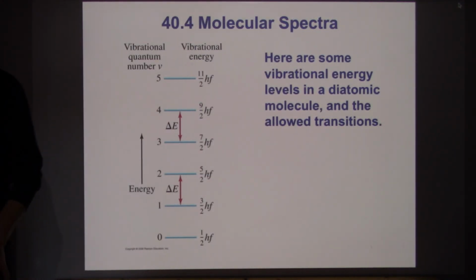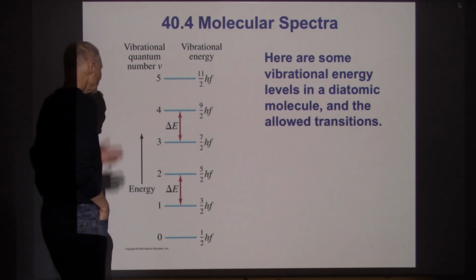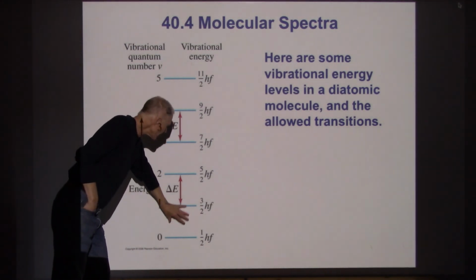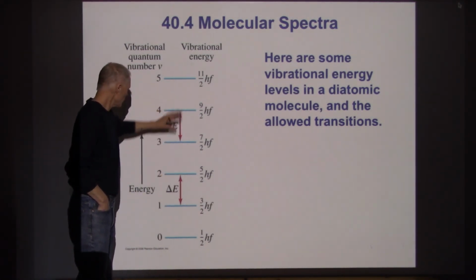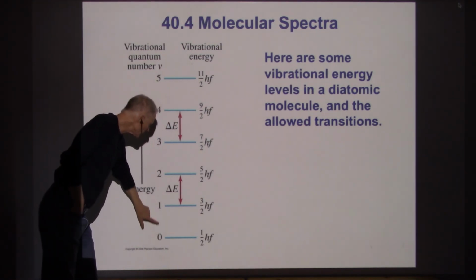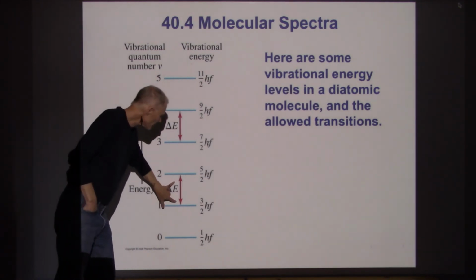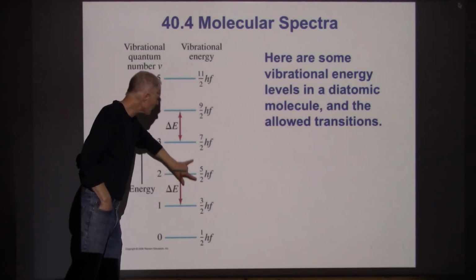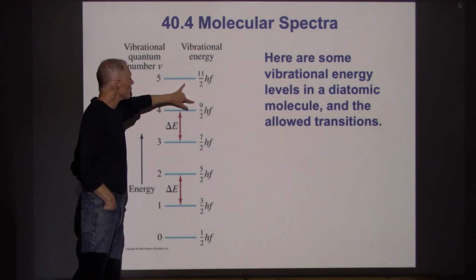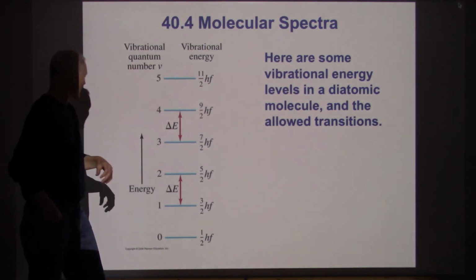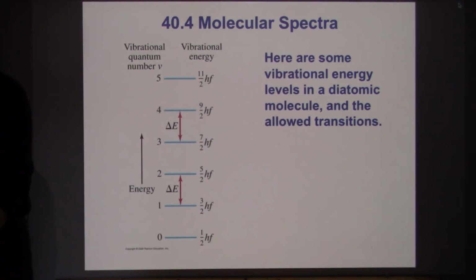Now when we calculate the energies, what we find with vibration is that they're evenly spaced. So if I start at 0 and work up through these excited states of vibration, notice that there is the same separation between each of these, and it can be written as h times f.